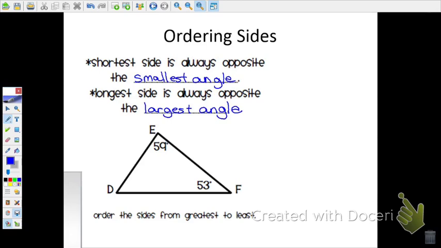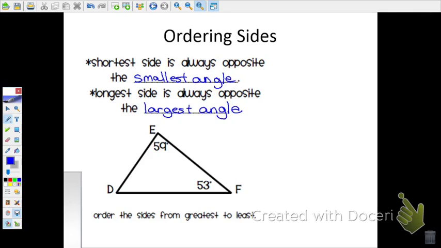Before I can do that, though, I need to know the measure of angle D. How big is angle D? 68. Well, we can find out by taking 180 and subtracting 59 and 53. Okay. So I heard somebody throw out the number 68.